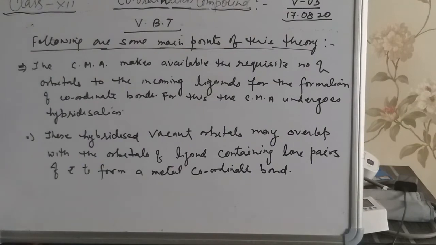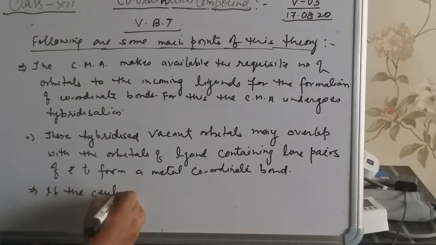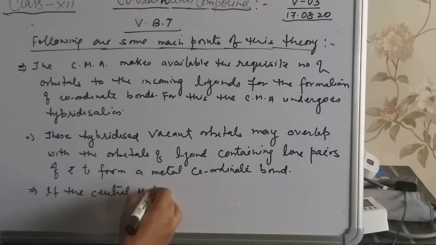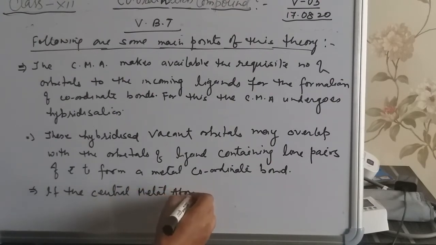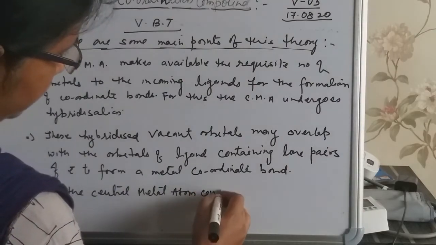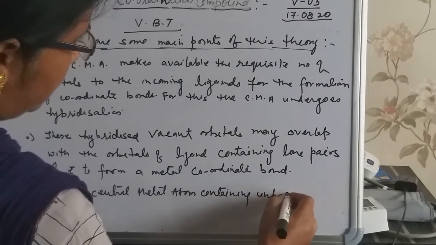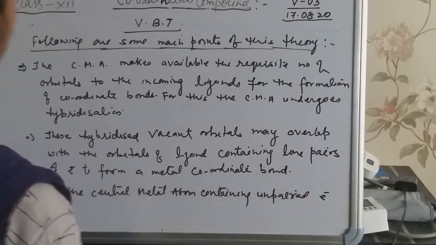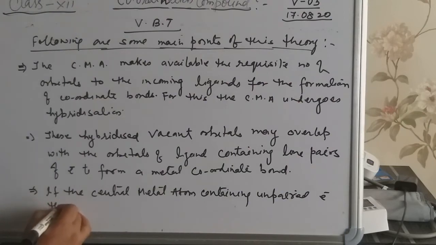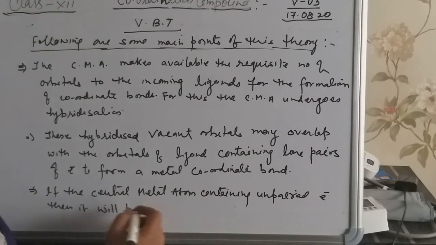If the central metal atom contains unpaired electrons, then it will be paramagnetic in nature.